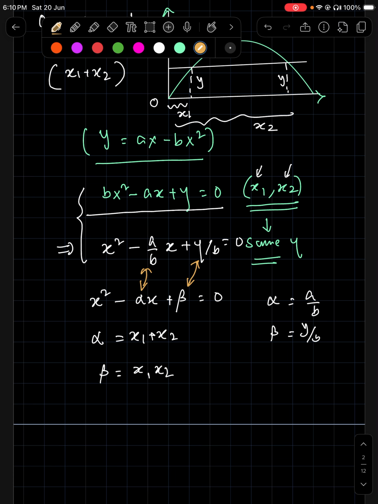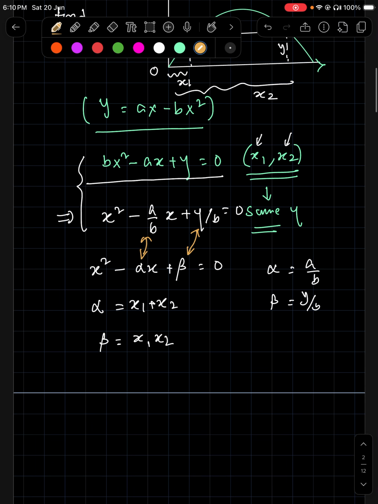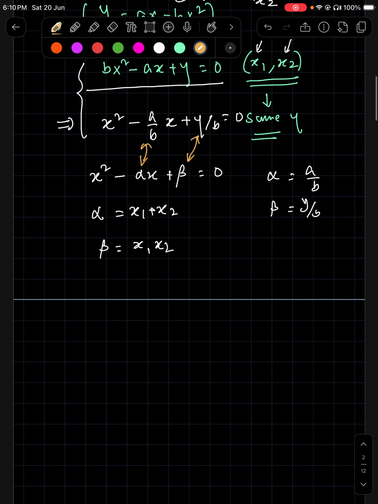That means the sum of the horizontal distances, which are the roots of the quadratic equation, is a by b, and the product of the roots is y by b.